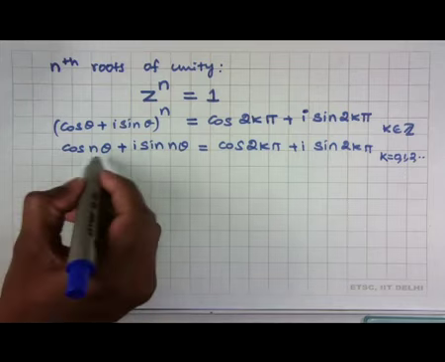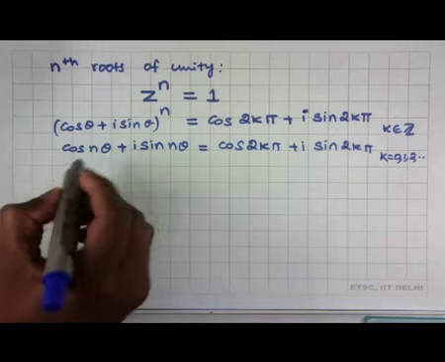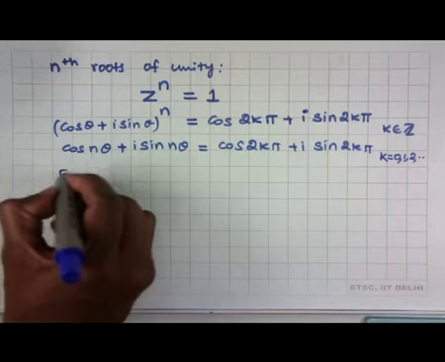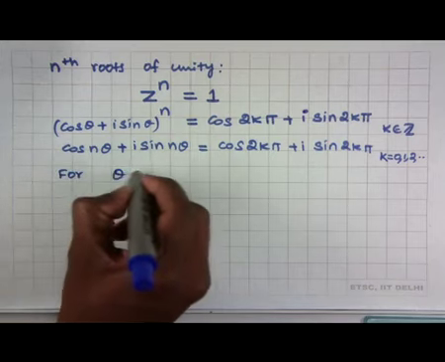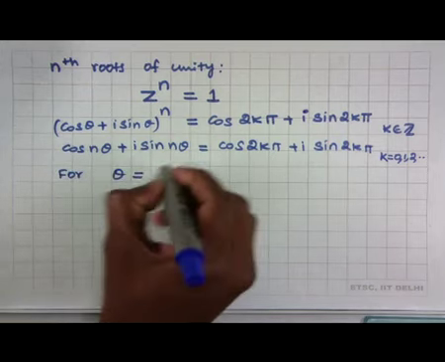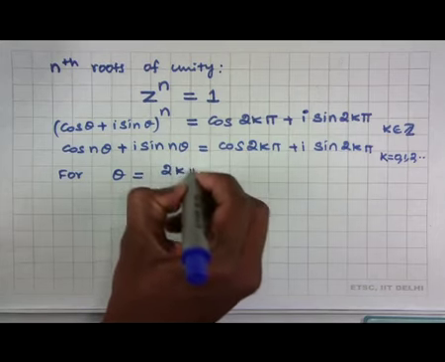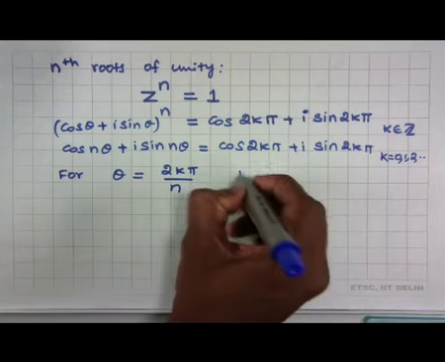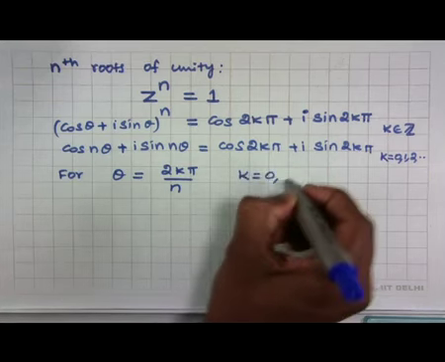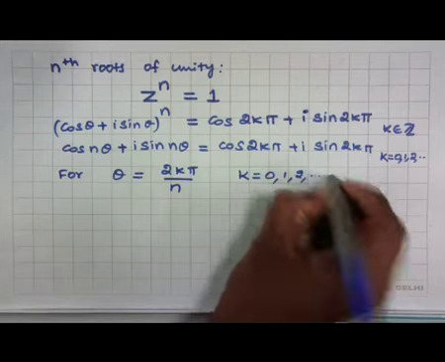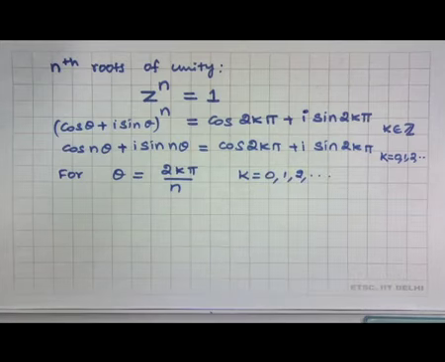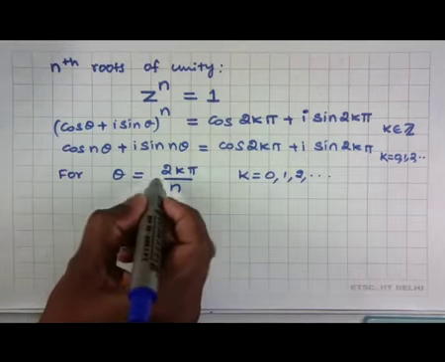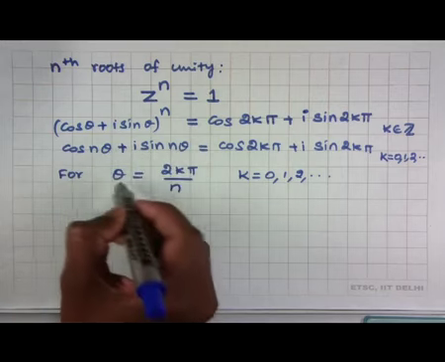So, very naturally, if we choose theta as 2k pi by n, with k from 0, 1, 2 and so on, then this equation is satisfied for these values.